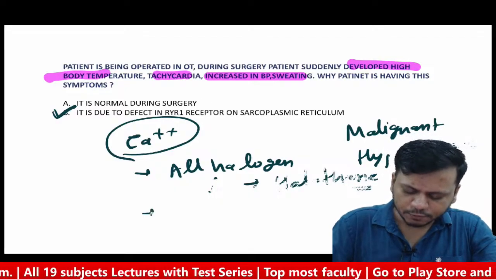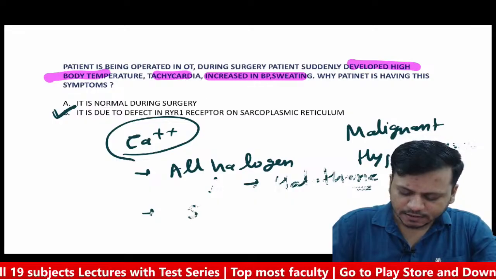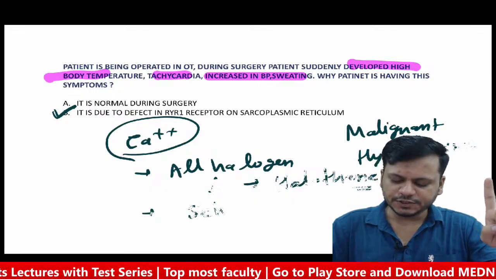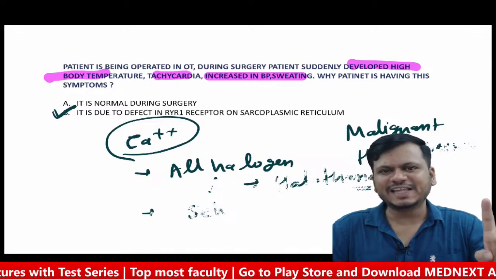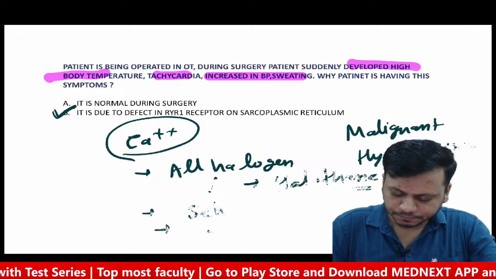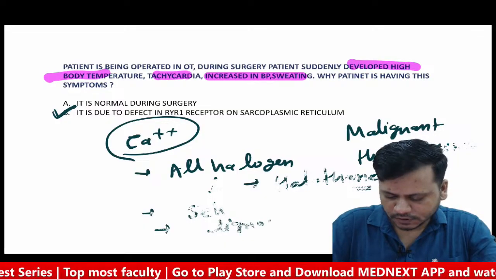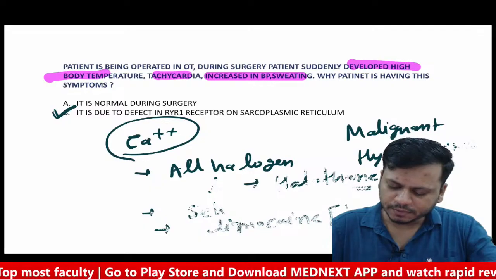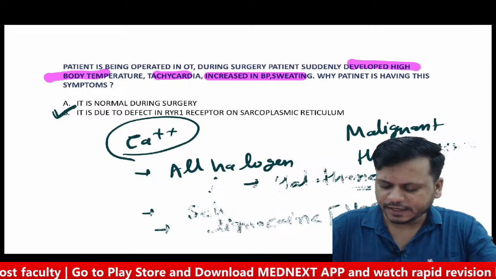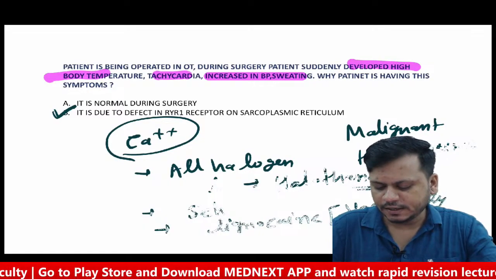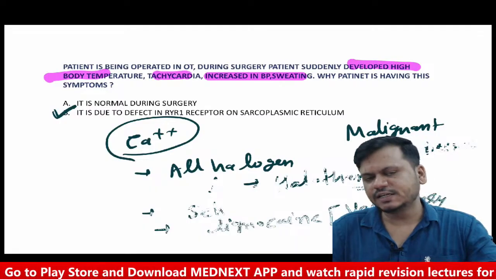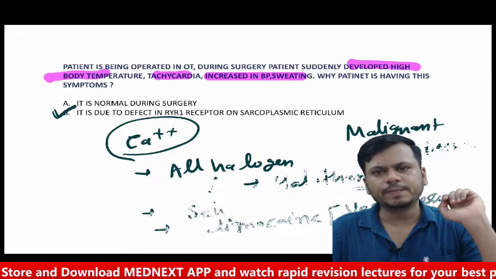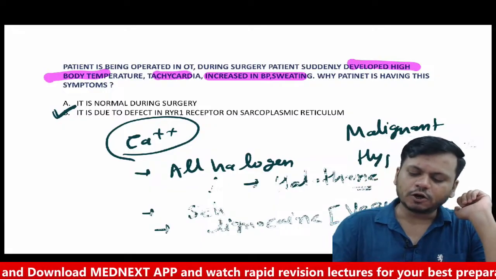The second one which I have told you to remember is succinylcholine, right? And there is one more because of which we can have malignant hyperthermia, that is lignocaine, right? But as I told you, you should remember it is very rare that we can have malignant hyperthermia due to lignocaine.